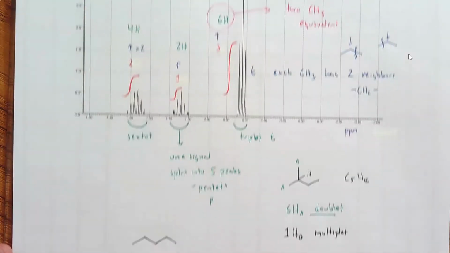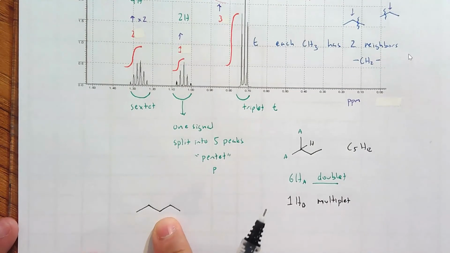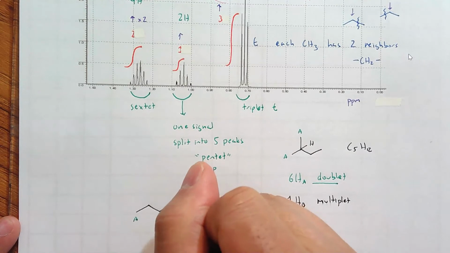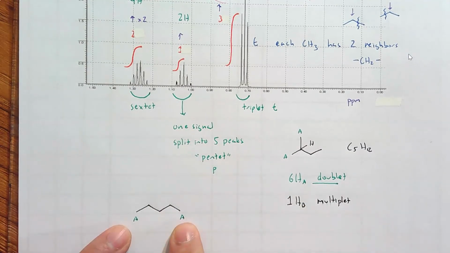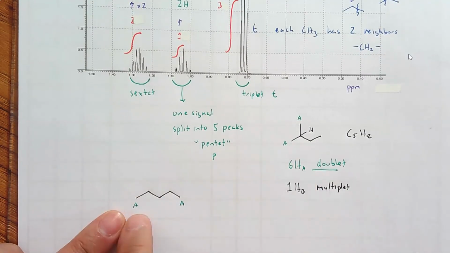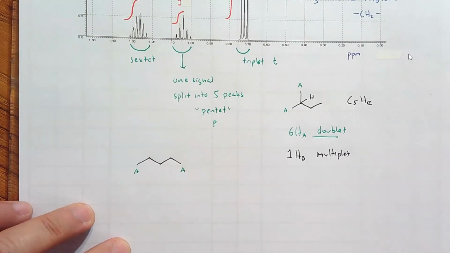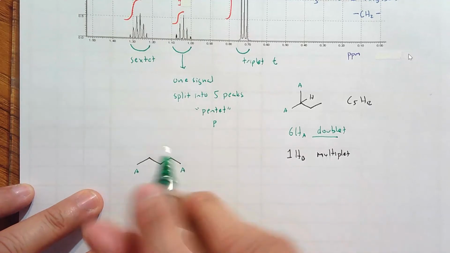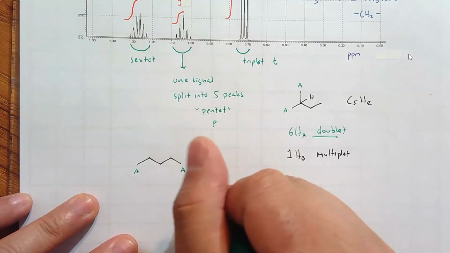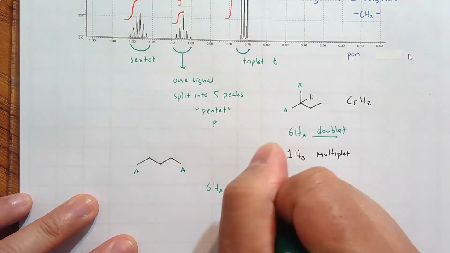How about that? That is a constitutional isomer of this. Hopefully you can tell that those two are equivalent. If I flip the molecule, that methyl group would be right where this methyl group is. But can you tell the splitting? I have 6 hydrogens for A, 6HA.